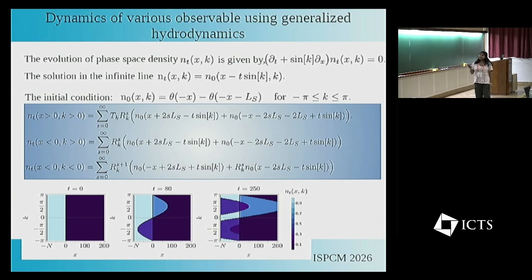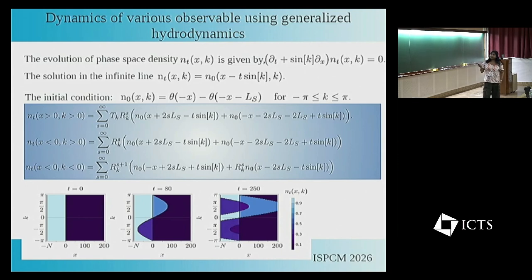If there is no defect and no finite system size, the solution is simply that the position of the quasi-particle gets boosted by t times the group velocity sin k. So the position is shifted by this.